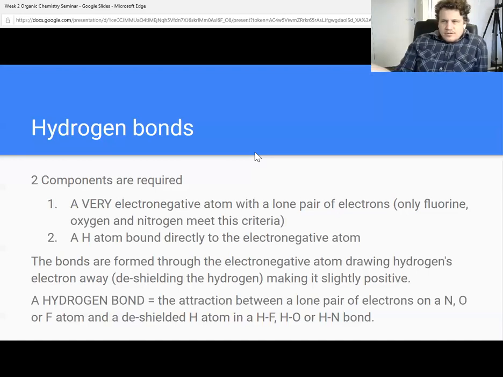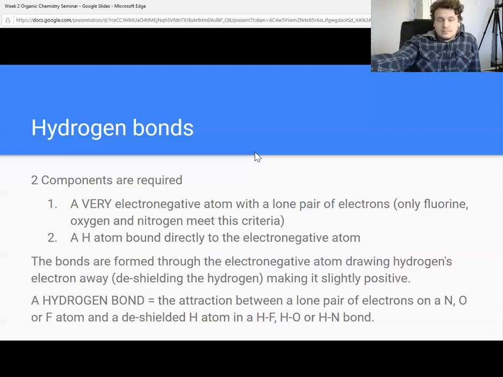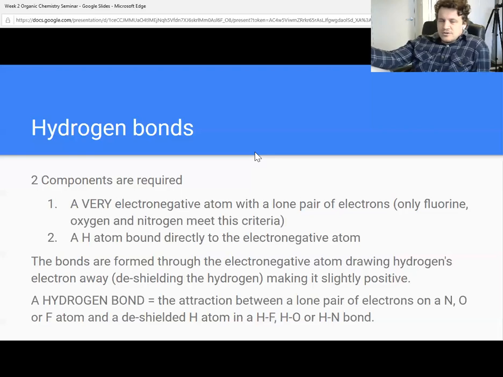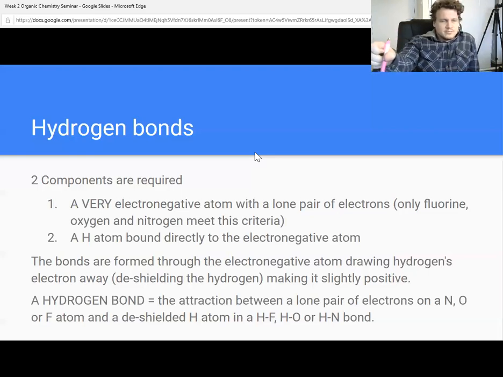I'll talk about electron shielding in the next slide. So a hydrogen bond occurs between the positively charged hydrogen and the extra lone pair of electrons on the nitrogen, oxygen, or fluorine.